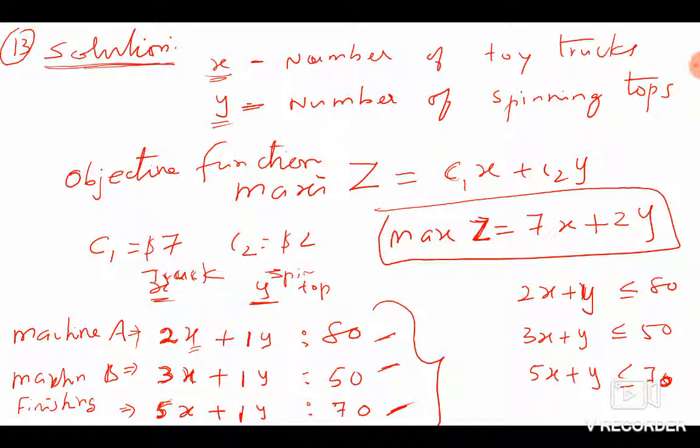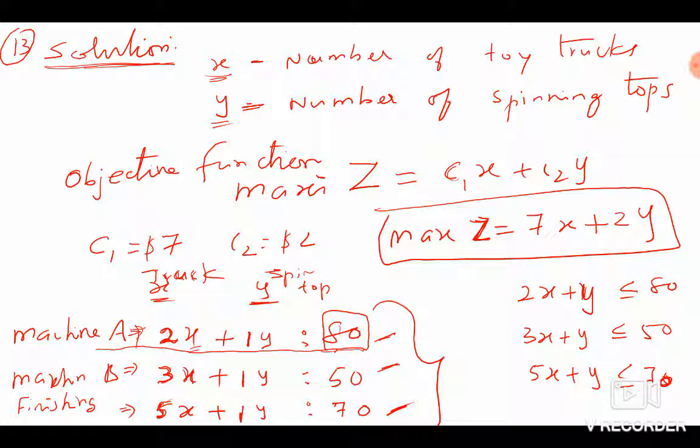Why less than? Why not equality or greater than or equality? See, remember, the machine A is available only for 80 hours. This is per week in the problem, isn't it? So for 1 week, machine A cannot be utilized for more than 80 hours. It can be exactly utilized, all the 80 hours can be exhausted, or you can utilize less than the 80 hours.